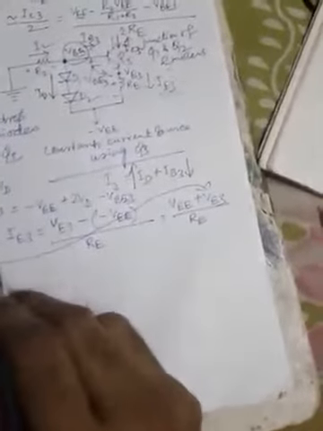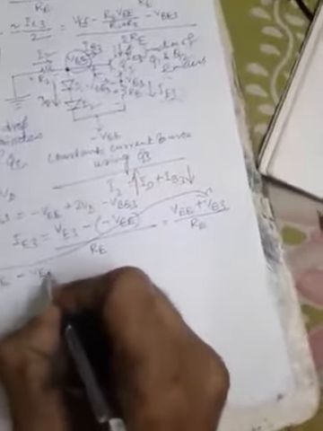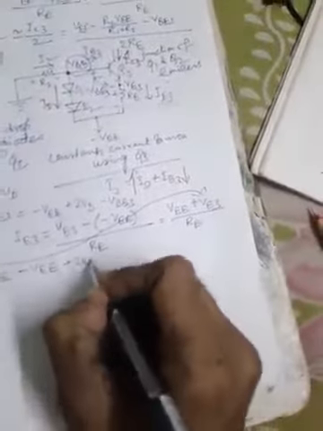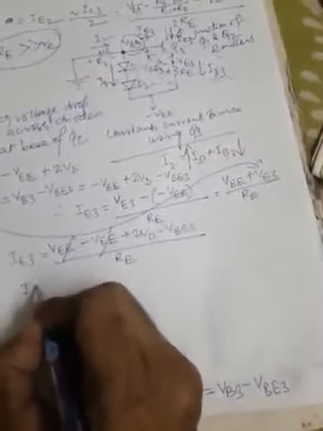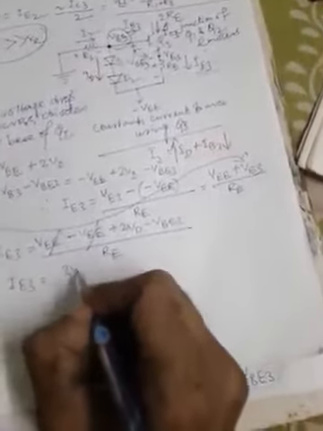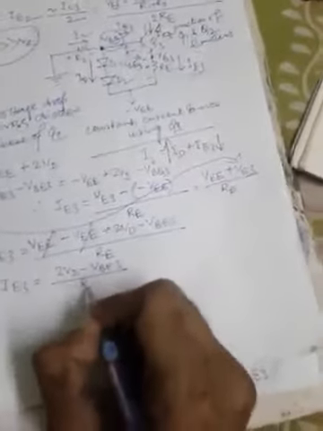IE3 is VEE, and VE3 is found as minus VEE plus 2 VD minus VBE3, divided by RE. Now minus VEE will cancel out, so therefore IE3 is 2 VD minus VBE3 divided by RE.